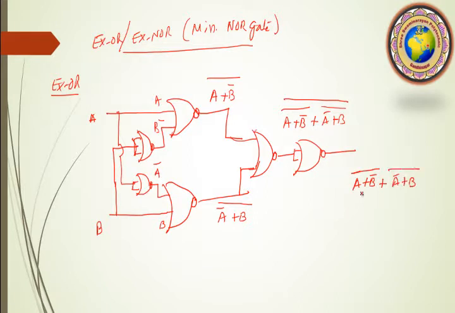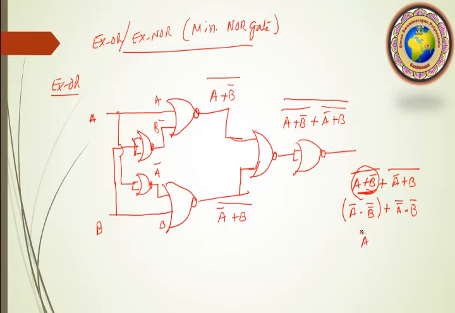Okay, by using De Morgan's law here, plus to dot product, plus to dot product, I receive here A bar bar dot B bar, and here De Morgan's law, I take A bar dot B bar bar. So bar bar will be cancelled out.